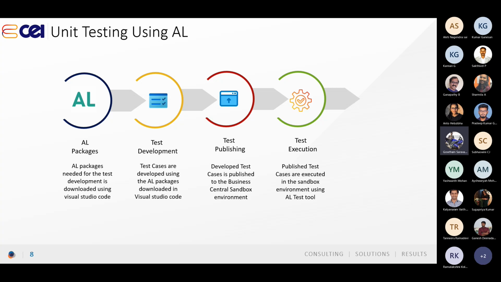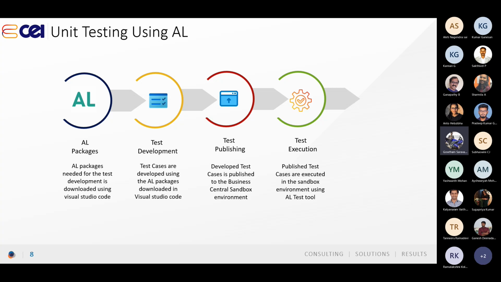So that app also should be downloaded along with the base application. In case you want to develop a test case for that particular feature that the developer published, along with the base application you also need to download that development app. Otherwise we cannot write the test case for that feature.